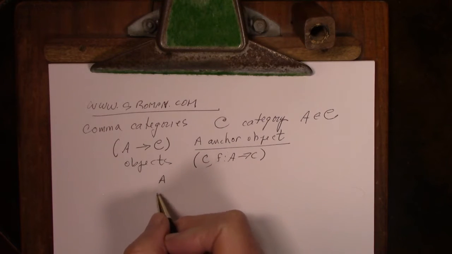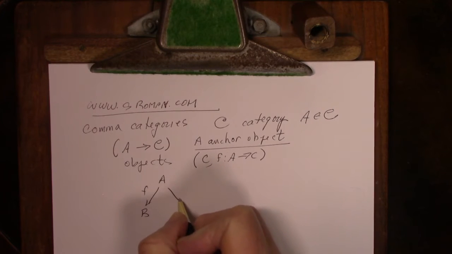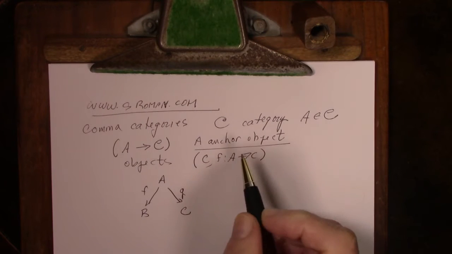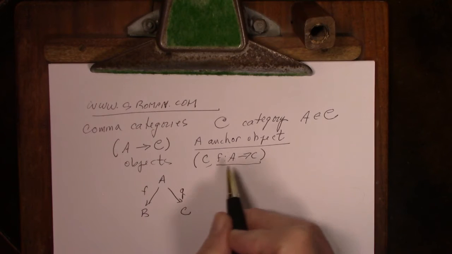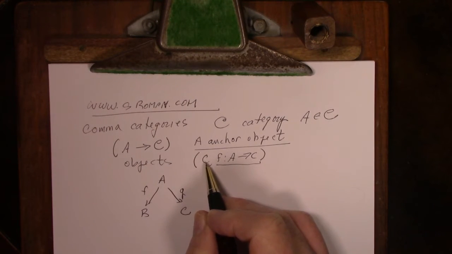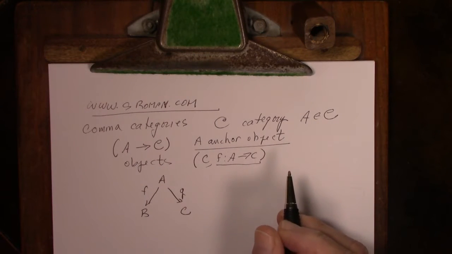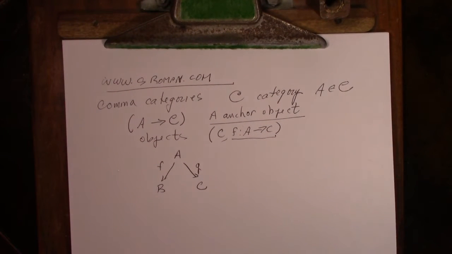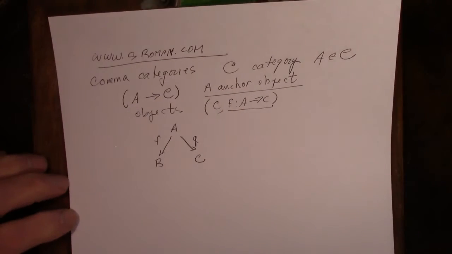Picture, here's the anchor object, one morphism and another morphism. You can identify these pairs with just the morphism, the second coordinate, because if you know the morphism, then you must know the codomain, which means you must know the first coordinate. So you can think of the objects simply as morphisms, informally. Now the question is, what are the morphisms in this comma category?